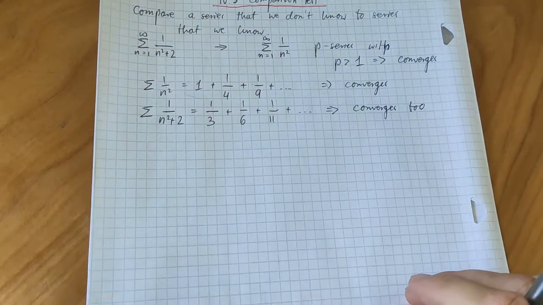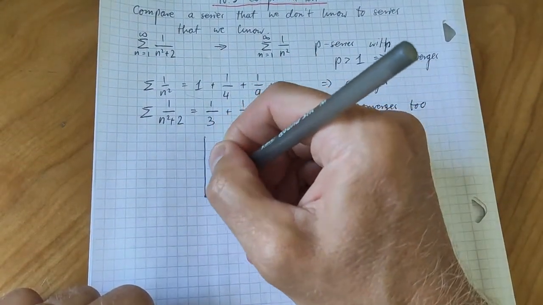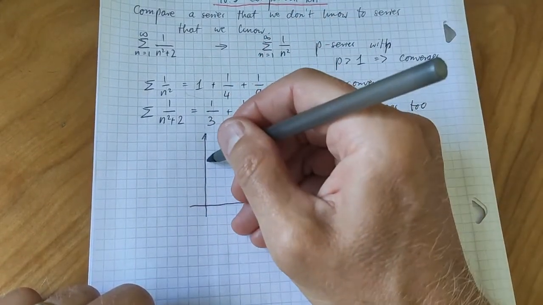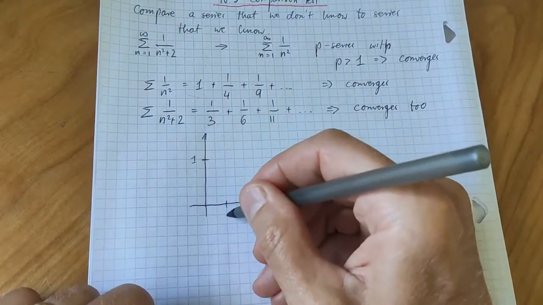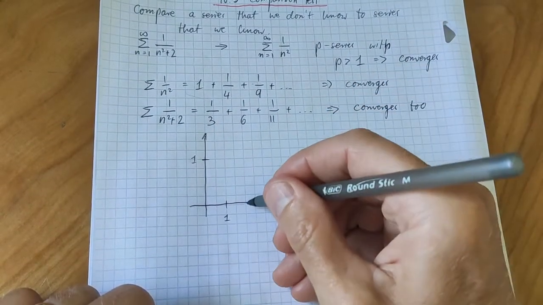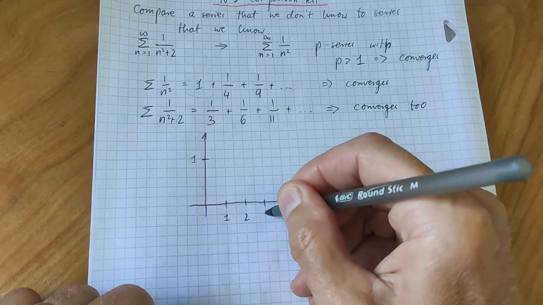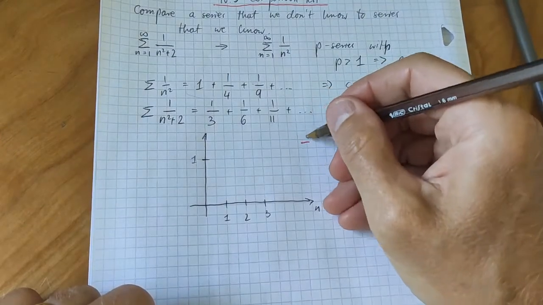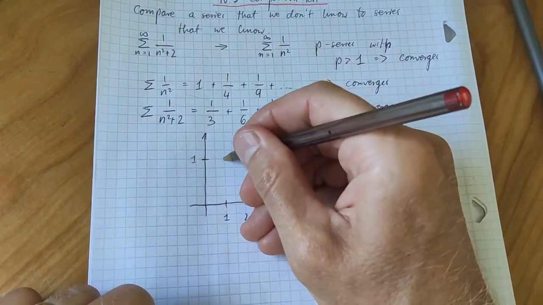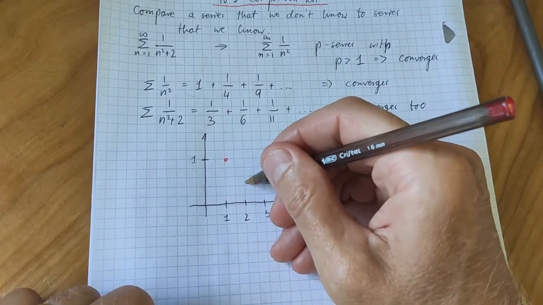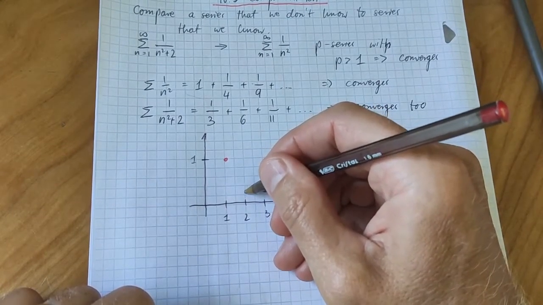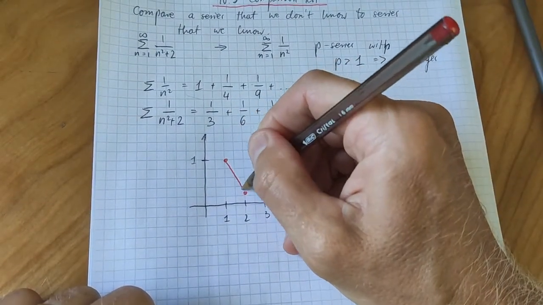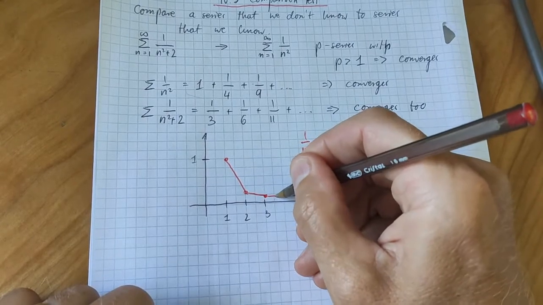Let's look at the graph of the series. Let's say this is 1, and then I have those terms 1, 2, and 3, and this is n. Let's start with 1 over n squared. For 1 I have 1, for 2 I have 1/4, about here, and then I have 1/9, and it keeps going down.